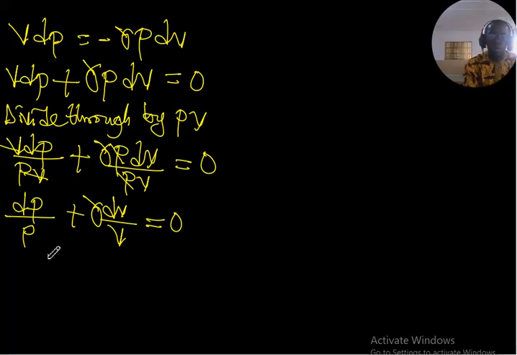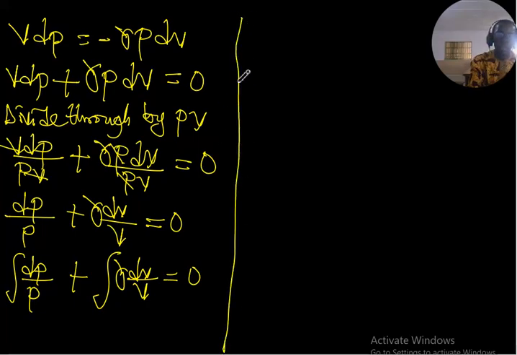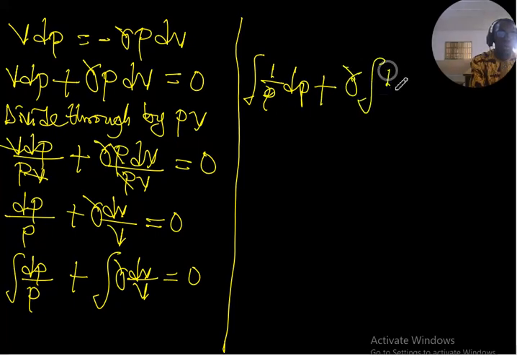So at this point, all I need to do is to integrate. If you integrate this, I'm going to have the integral of dP over P plus the integral of gamma dV over V equals 0. So what we have here is the integral of 1 over P dP plus, bringing out the constant gamma, the integral of 1 over V dV, everything equals 0.